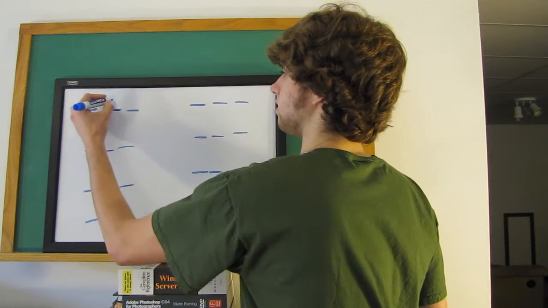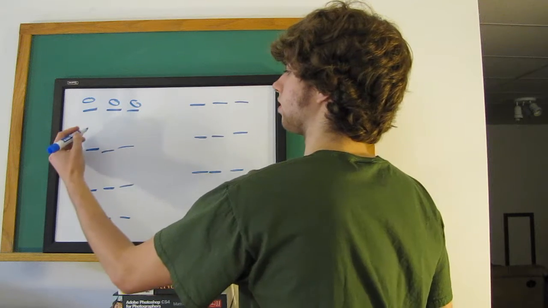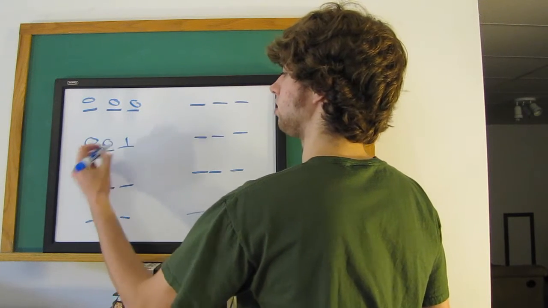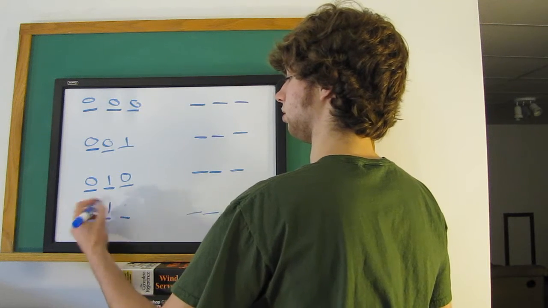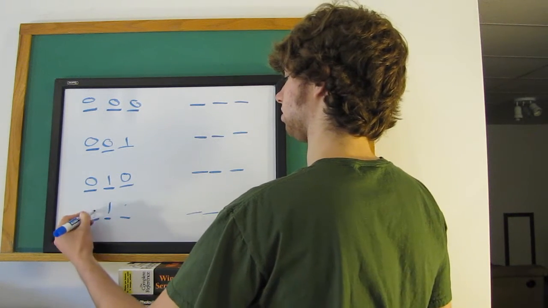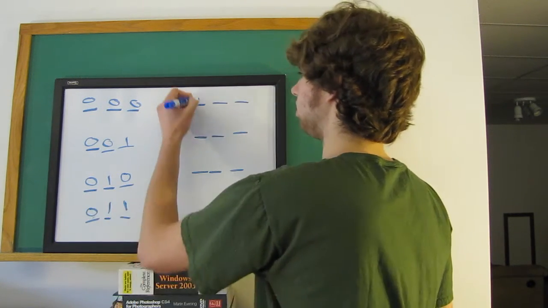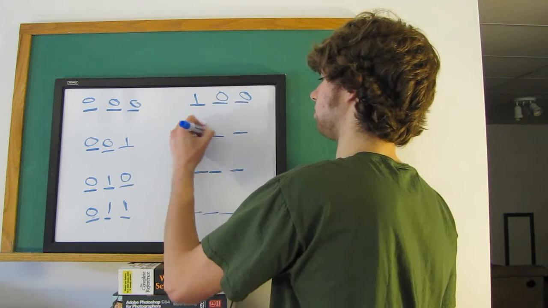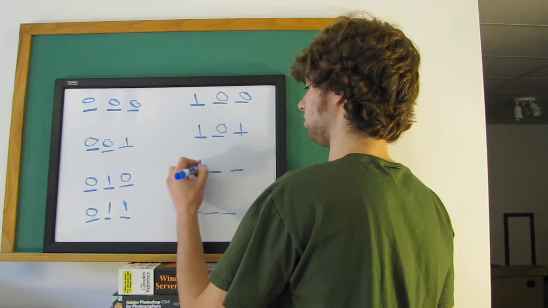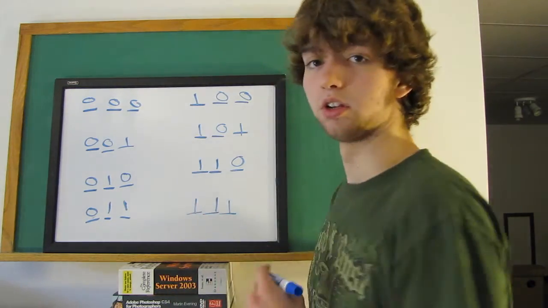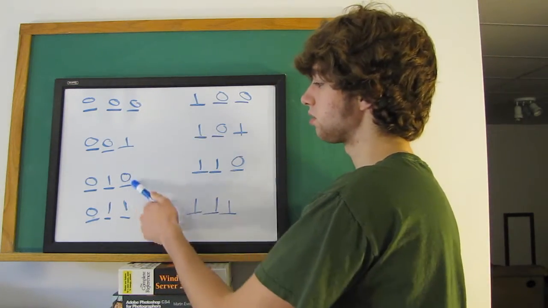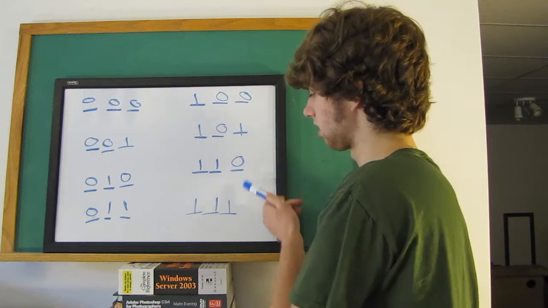So we had 0, 0, 0, 0, 0, 1, 0, 1, 0, 0, oops, my bad, that's not a 0, that's a 1. Come on, Caleb, get it together. 1, 0, 0, 1, 0, 1, 1, 1, 0, 1, 1, 1. So here's how you represent 0, 1, 2, 3, 4, 5, 6, 7.